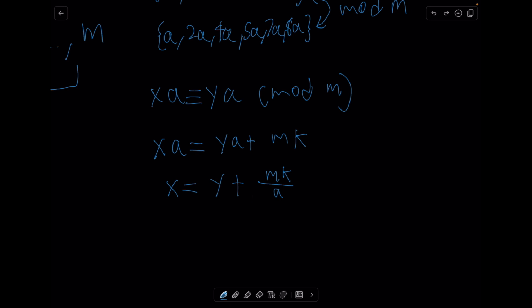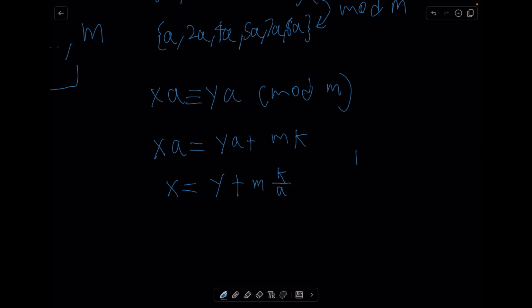However, a is relatively prime to m, so there's no way that any factor from here could divide any factor in m, and therefore we can take m out and we'll just be left with this. x is equal to y plus m times k over a.